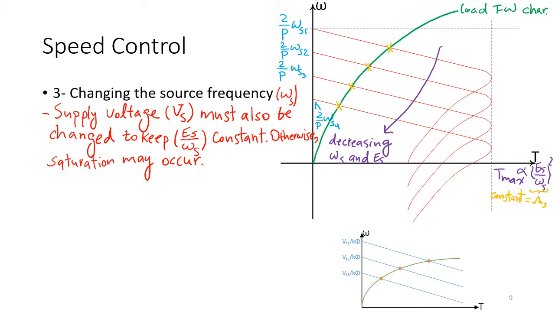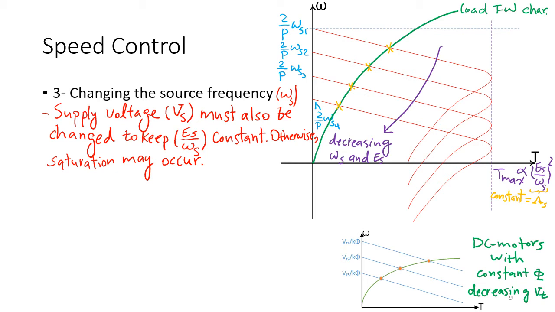We use it for the separately excited one or shunt one, mainly the separately excited one, if you remember. So this solution resembles DC motors with constant flux and decreasing Vt. Here we also keep the flux constant and decrease both ES and omega s.